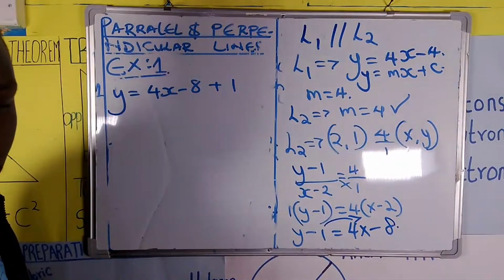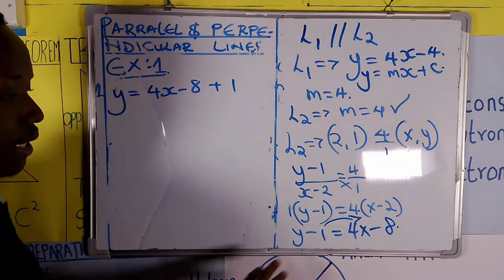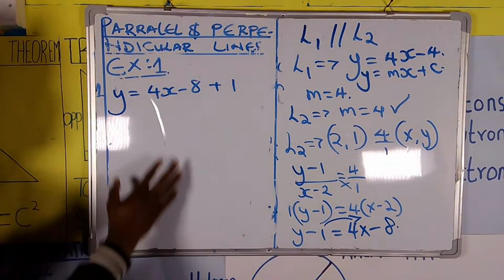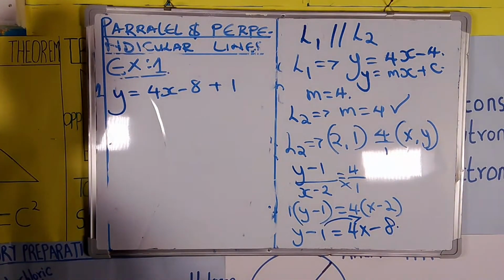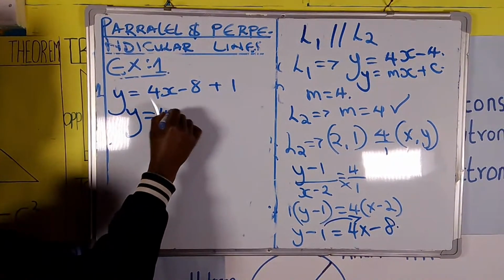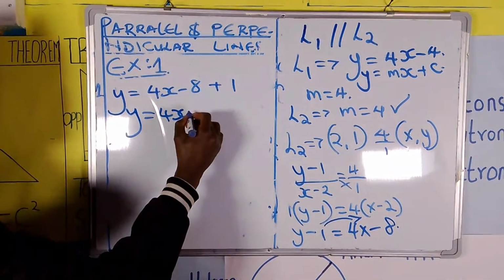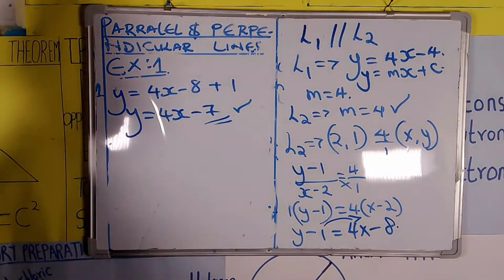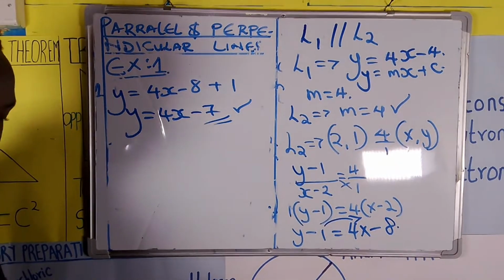Why plus 1? Because when we take negative 1 to the other side of the equal sign, it is going to be plus 1. So by doing so, we will now have y is equal to 4x minus 8 plus 1 is equal to minus 7. So that will be the equation of line 2.